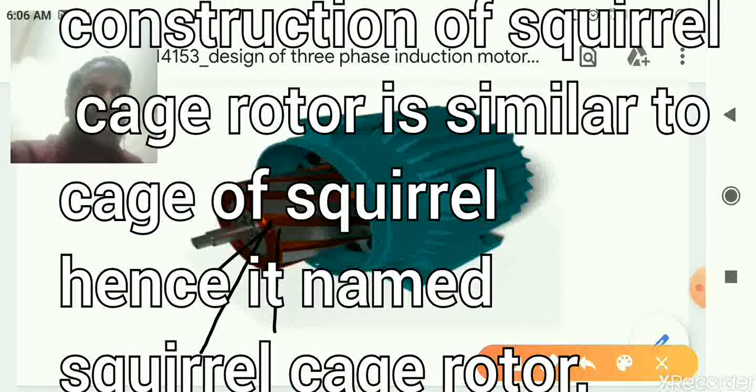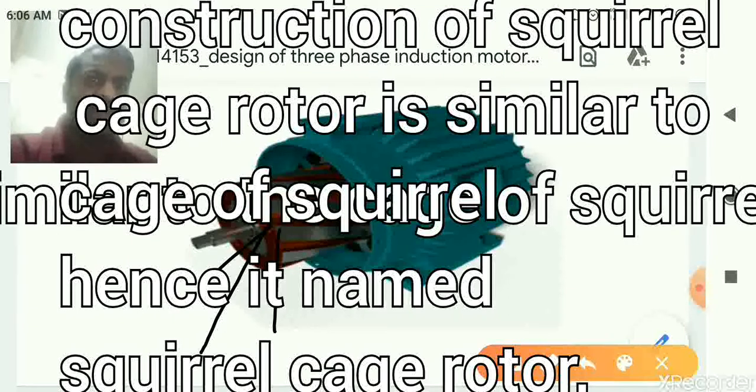And the conductors are placed in these slots. You can see in this picture, the slots are parallel to each other, but they are slightly skewed, and because of that its name is squirrel cage rotor.